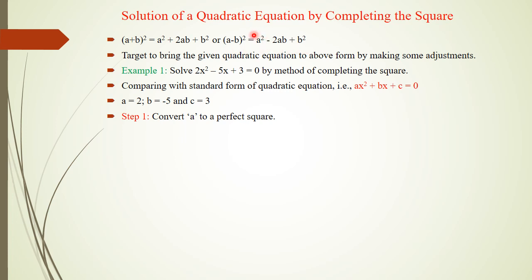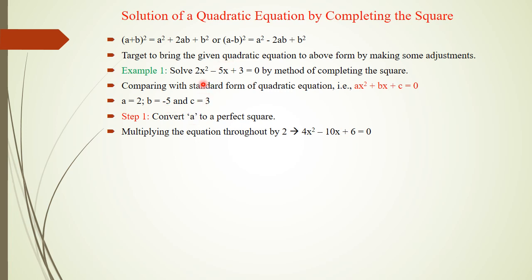So my first target is that I need to have a square term here. If I make this coefficient of x square a perfect square, then these two terms together I can put in a bracket and have a square of that. That will become my a term in this square formula. Let us see how we can do that.